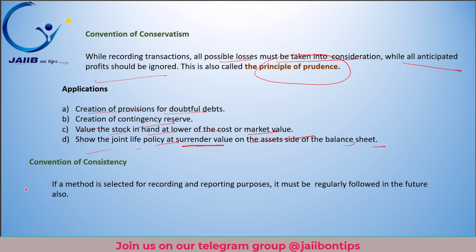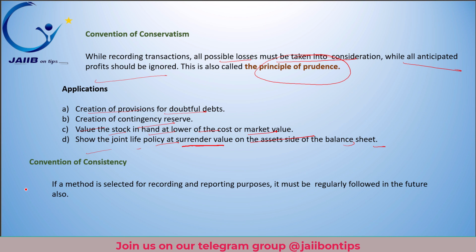If a method is selected for recording and reporting purposes, it must be regularly followed in the future also. In simpler terms, this principle says that using the same accounting methods, practices and procedures consistently over time is very significant.